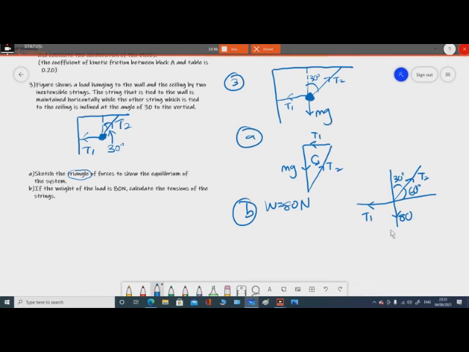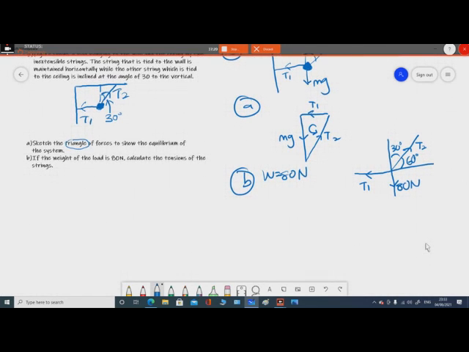This one is the 80 Newton. We have two components. For the first, we have the vertical component.